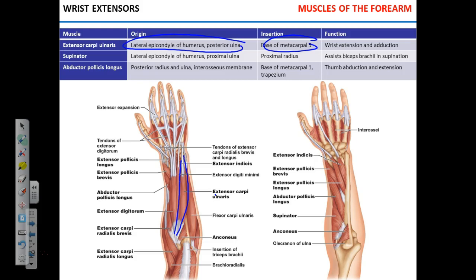This is the ulnar part. So you go with extensor carpi ulnaris, extensor digitorum, extensor carpi radialis brevis, extensor carpi radialis longus.